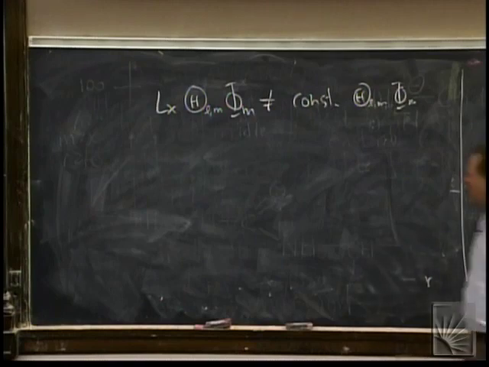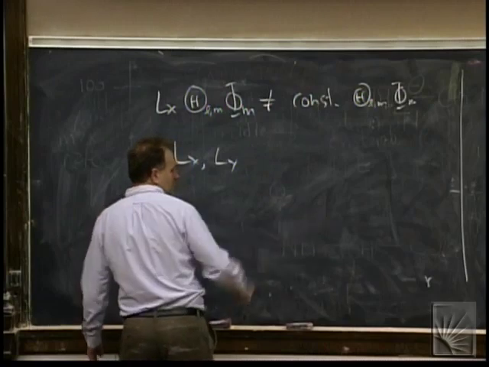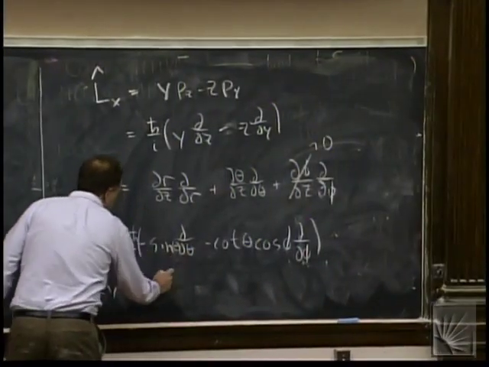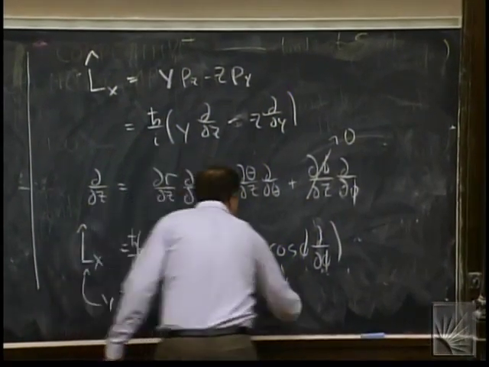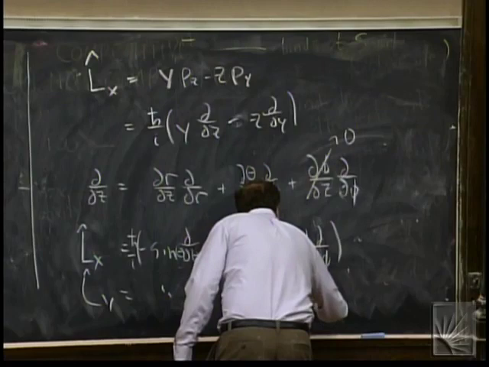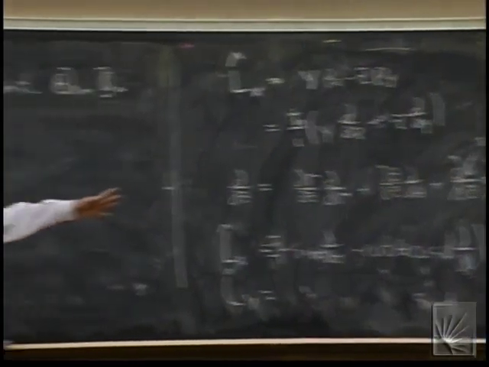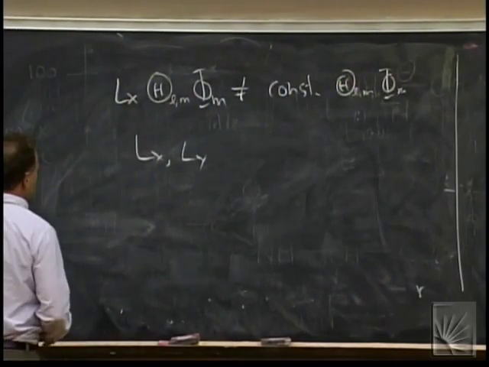So Lx and Ly is similar. The formula for Ly is actually identical. The cosine theta part you might expect is the same, but right here I get a sine phi, which isn't surprising given the way I constructed x and y, and they only showed up in sine versus cosine of phi. But you can prove it to yourself.